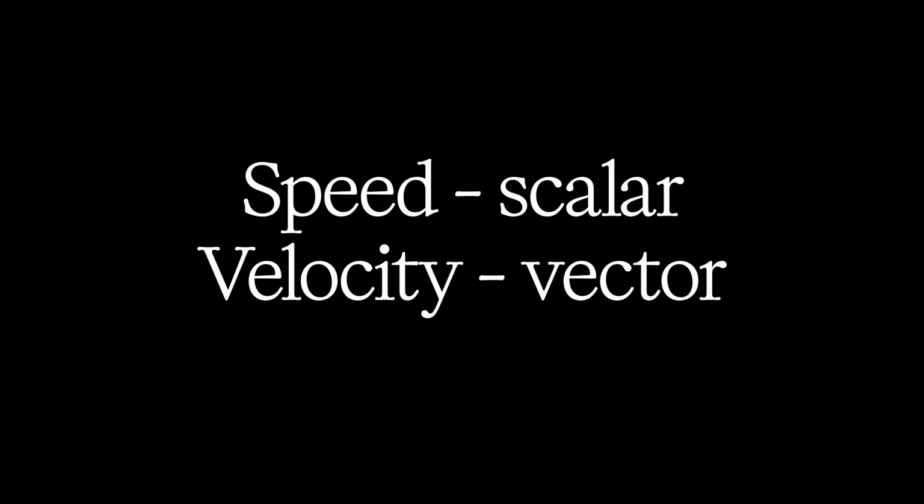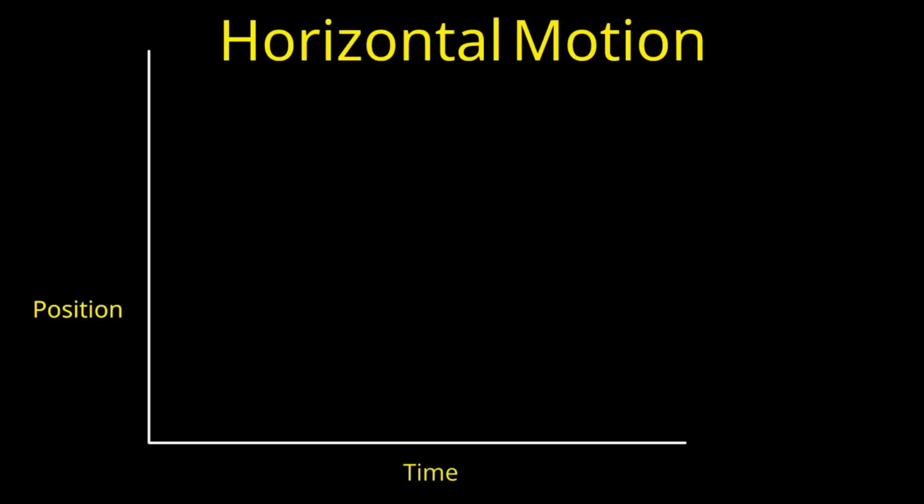Let's attempt to draw some examples of some graphs of different types of horizontal motion. First of all, let's draw something like this. Okay, so I can say that we have a steady speed here, a constant speed.